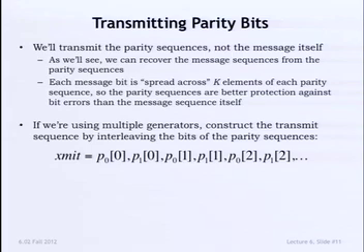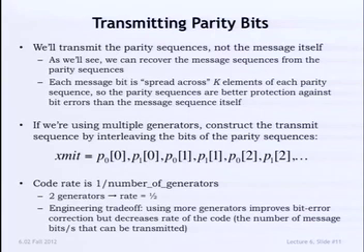So in the case of the code used on the Cassini probe, that's a 1/6 rate code. It's computing 6 parity expressions, so it's transmitting 6 parity bits for each message bit that comes in. What happens then at the next time instant is that you shift everything up by 1 and redo the whole thing.